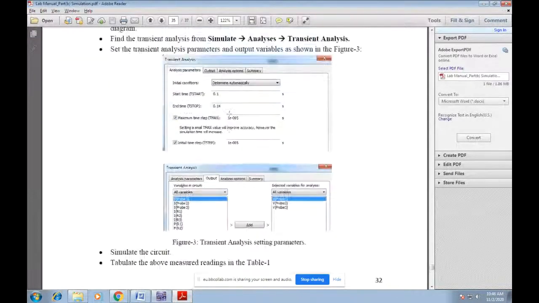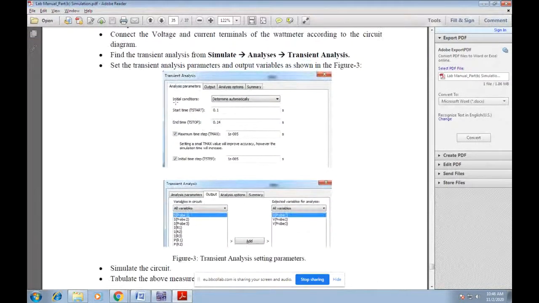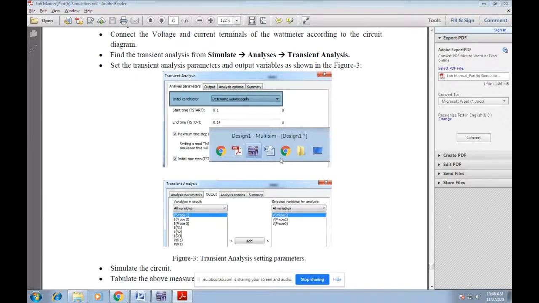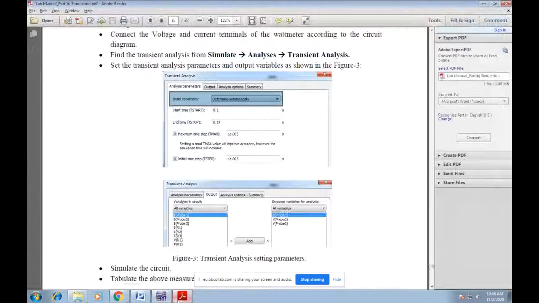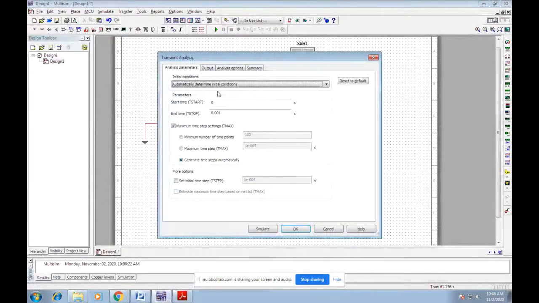From the analysis, initial conditions, it should be automatically determined. The start time is 0.1 seconds and the stop time is 0.14.